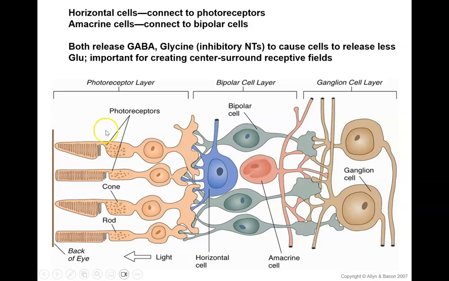So for example, if this cone is depolarized, it's going to excite the horizontal cell, and the horizontal cell is going to send inhibition to neighboring photoreceptors. And that's going to cause those neighboring photoreceptors to release less glutamate. This is going to become really important for creating that center surround structure.